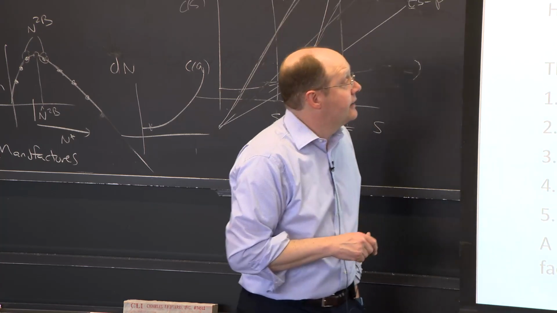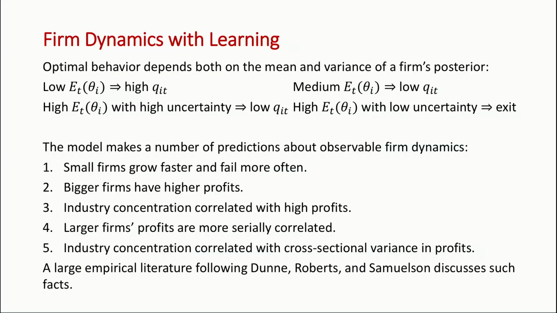Okay, and so he notes that a basic model like this makes a number of predictions about firm dynamics that seem to fit with what the basic census data on firm dynamics look like. So some observations. Small firms grow faster and fail more often. Why is that?